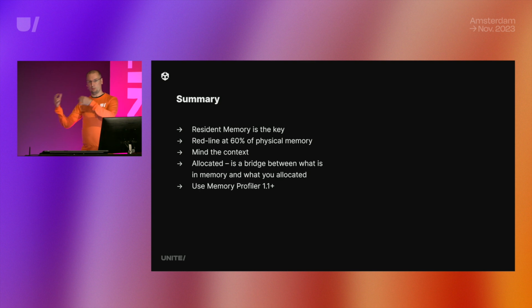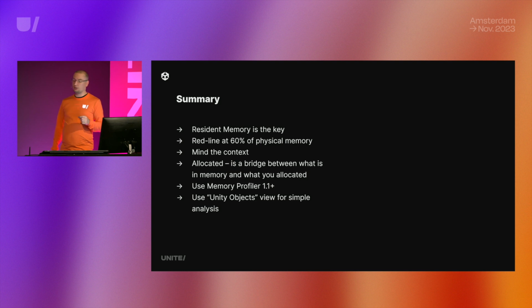It just gives you much more information with the latest Unity, but you can use the better, updated UI even if you are on Unity 2019 or so. And as I mentioned, use Unity Objects View if the only thing you are interested in is the managed heap, because in this case it's much simpler and more focused, and it will help you with simple cases.